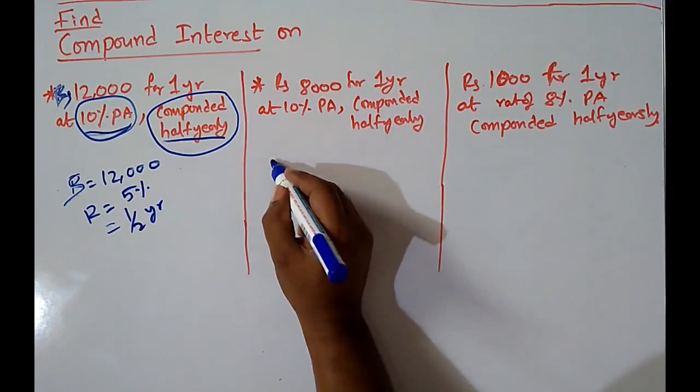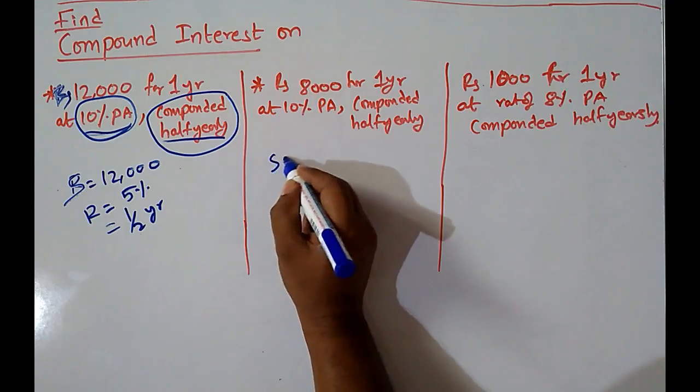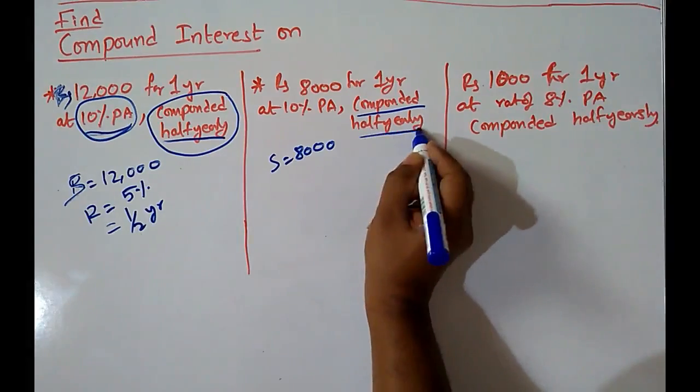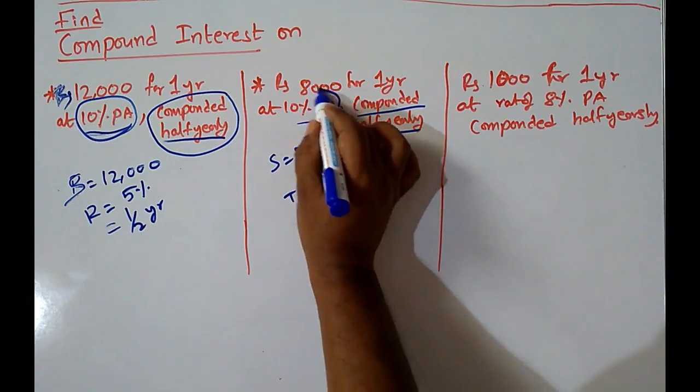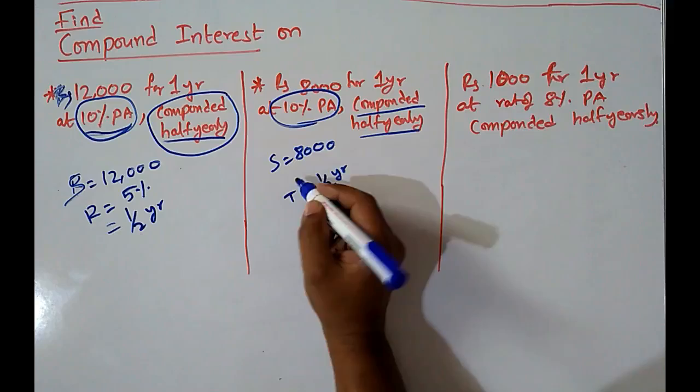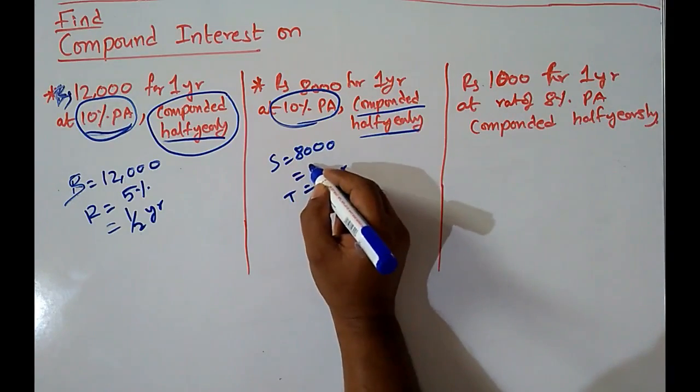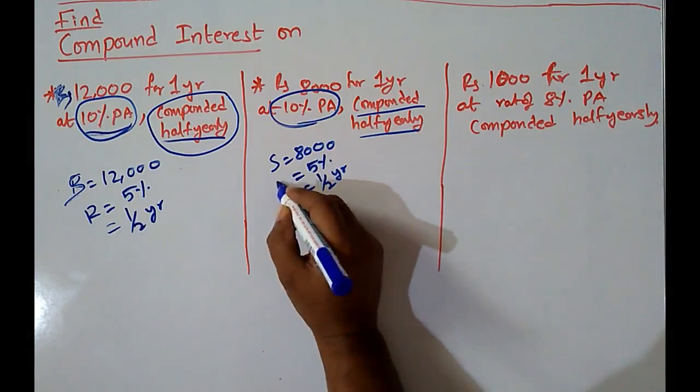Here you have to take sum is 8,000 and here compounded half yearly. The rate is taken as half of the annual, that is for 10% you have to take it as 5%.